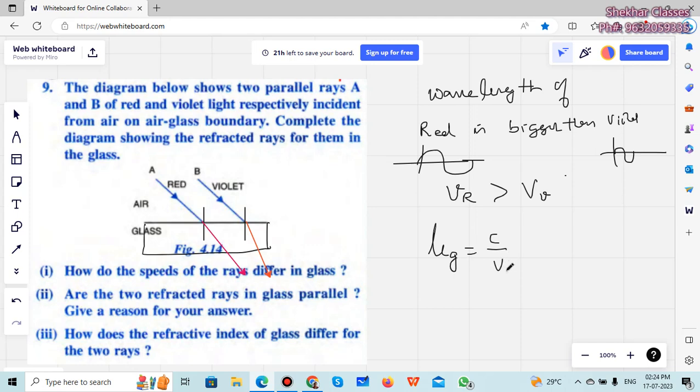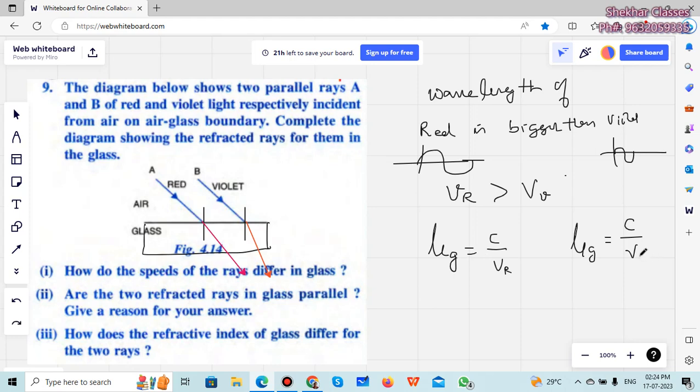So for red it is mu glass 1 and this is 2 here. This is the same glass, so I can't take two different glasses. So it is c upon v here.